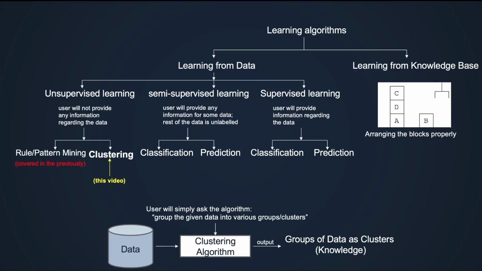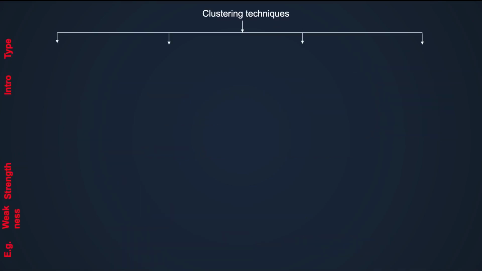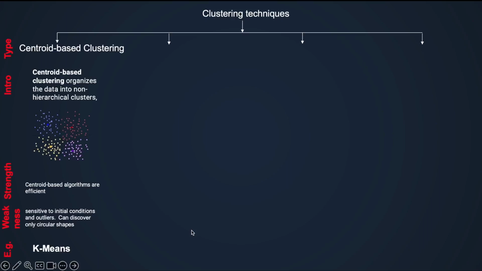The basic clustering techniques are broadly classified into four types. The first class of clustering techniques are called centroid based clustering algorithms.